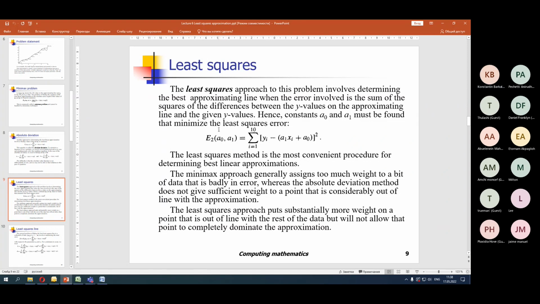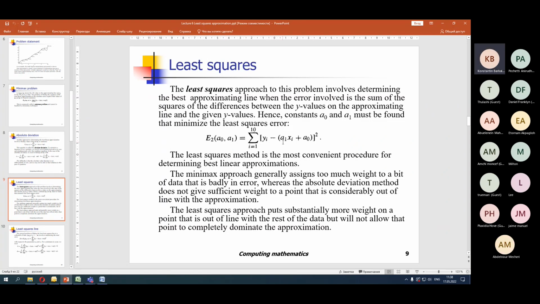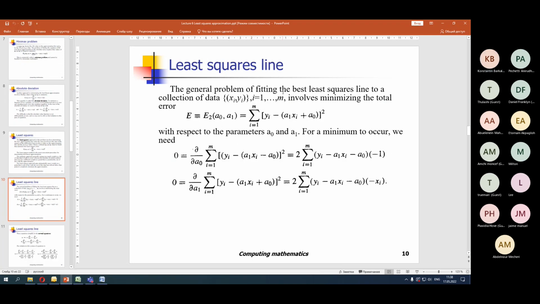Well, how to find the coefficients a0 and a1 that minimize this function?